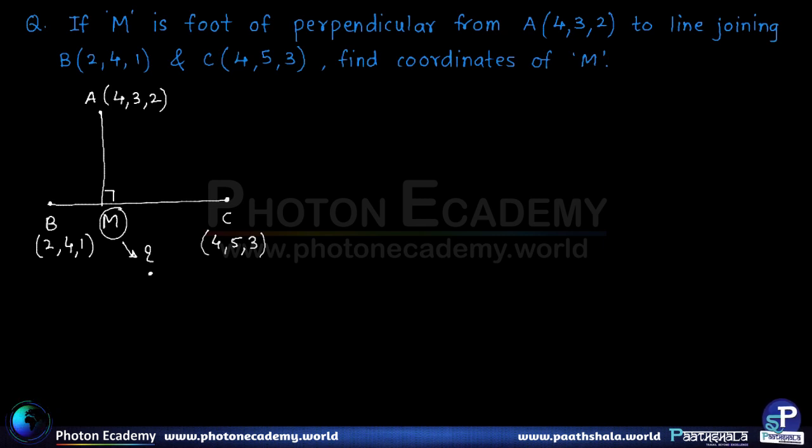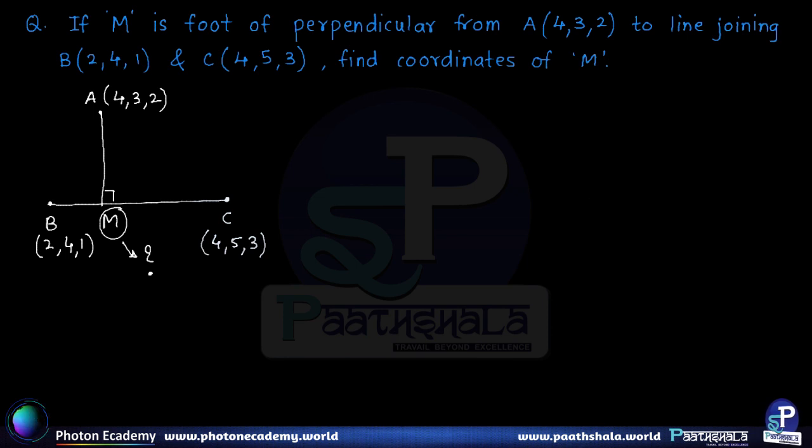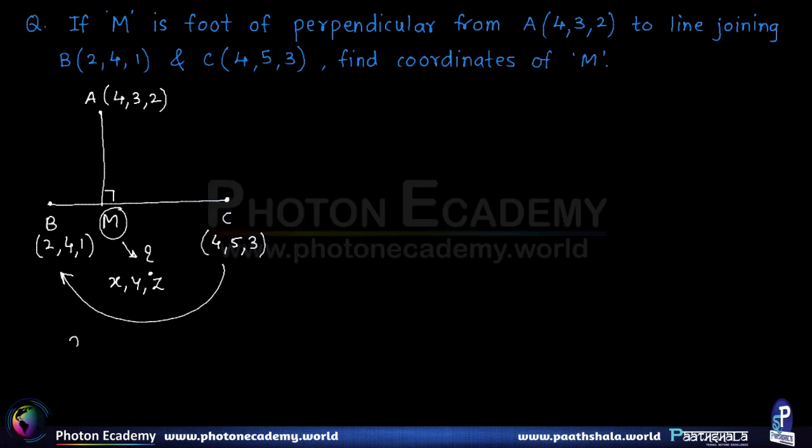Right, now here if we assume once again the coordinates of point M for the time being as x, y and z, we know that the direction ratios of the line joining points B and C will be the respective subtractions. So 4 minus 2 is 2, 5 minus 4 is 1 and 3 minus 1 is 2. Correct.